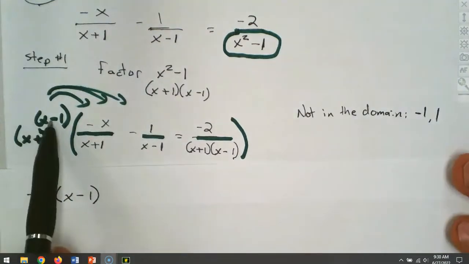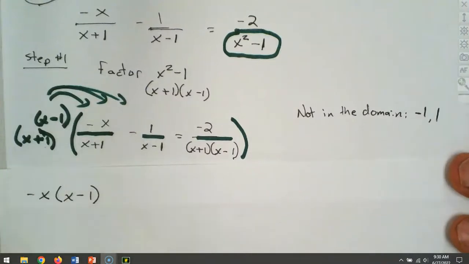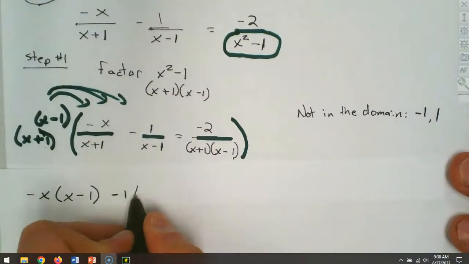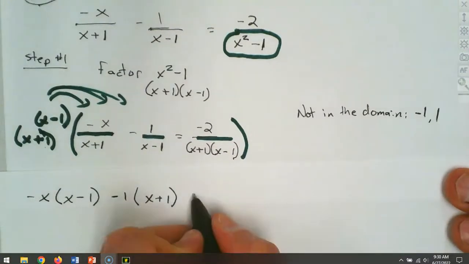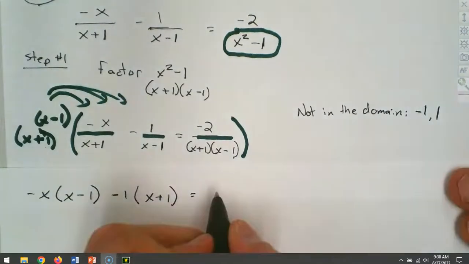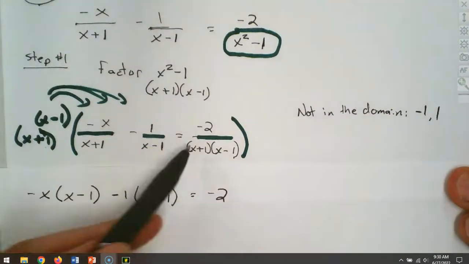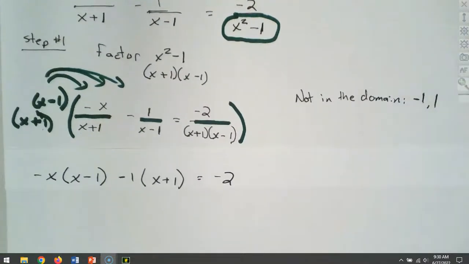On the next one, the x minus 1s, they cancel, don't they? So they're gone. And what do we have? We have a minus 1 times x plus 1. And then on the right-hand side, we have negative 2, and those cancel, so that's it, isn't it? Right? Now we can solve. Now we will have to distribute, and we'll have to factor this, but that's okay. We can do that.